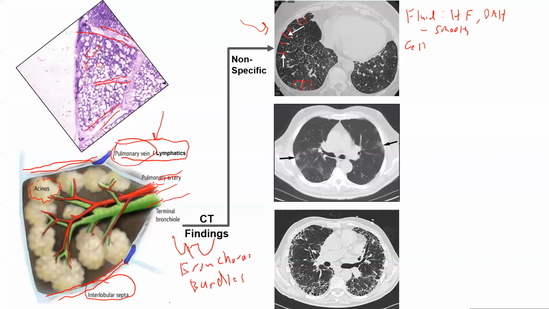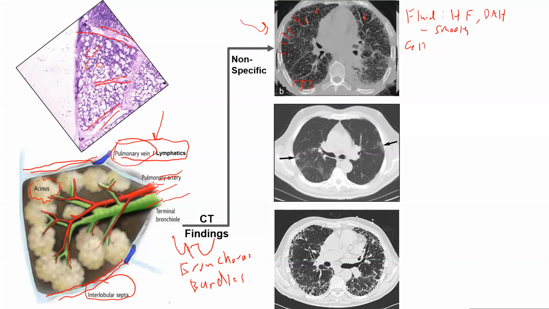So here's a picture of actually a patient with lymphoma. And you can see again that all around this lymphoma, you can see thickening of these interlobular septa. Basically, because the lymphatics are completely congested with lymphoma cells.